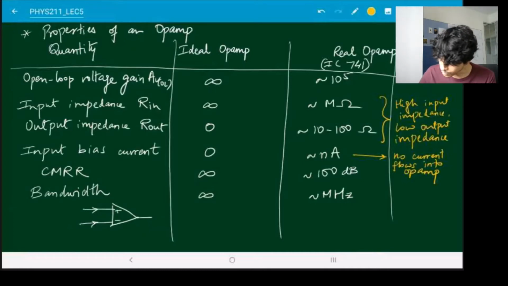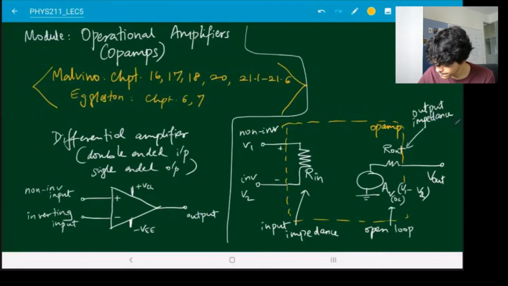By the way, we have also said that the input impedance is very high. Now, what does that mean? It means if you look at the voltage difference between this non-inverting terminal and this inverting terminal. So, let's go back to the previous page.